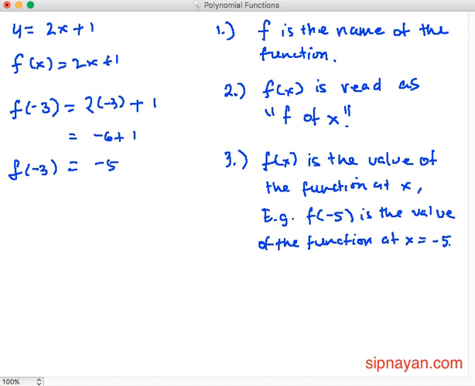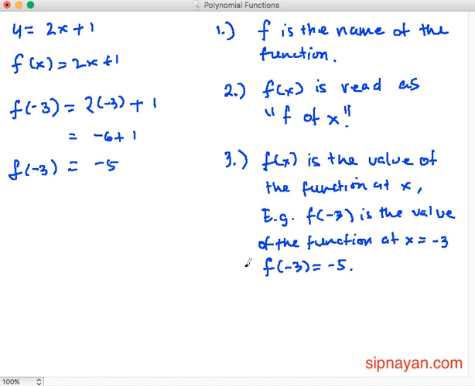Oh, no. At x equals negative 3. Dito of course, tama yung statement natin kanina, pero yung example natin ay x equals negative 3. So, sorry, ang ulitin ko, f of negative 3 is a value of the function at x equals negative 3. Tama naman yung statement natin, no? Kanina, f of negative 5 is the value of the function at x equals negative 5. Pero susundan lang natin itong example natin. And here, f of negative 3 equals negative 5. Yun yung pinaka-example natin.